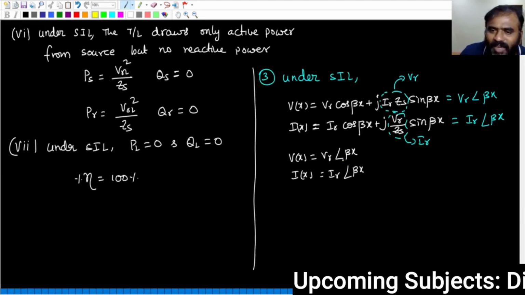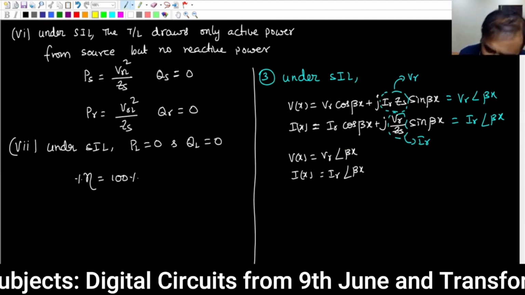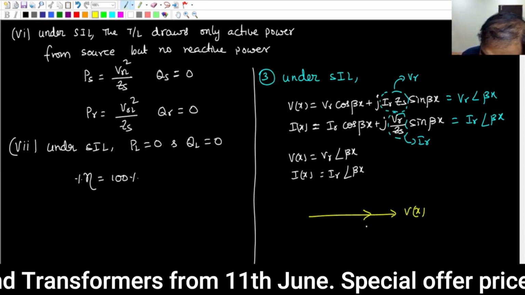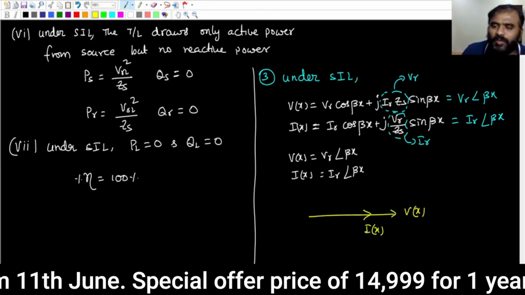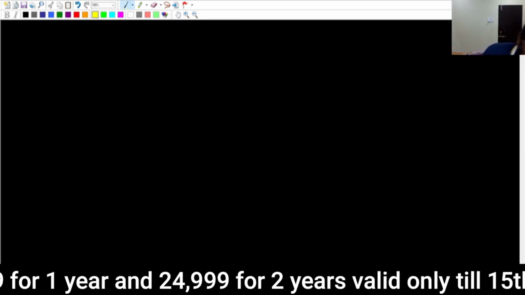Next, one more important point. At all points along the line, the voltage angle is beta x, and the current angle is also beta x. What can I write from here? If this is V of x and I of x also here, that means at all points along the line, voltage and currents are in phase. That is the third thing.